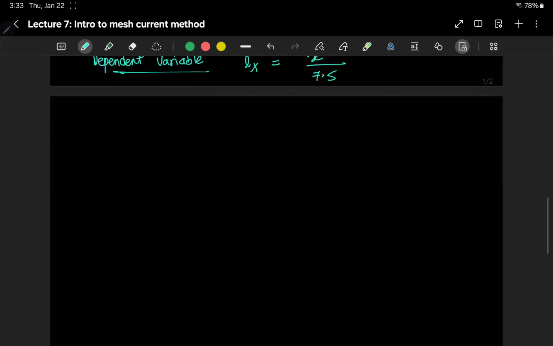And if we write that simply, that will be vx minus 7.5 ix is equal to 0, and that will be our fourth equation. Now we have 4 equations and 4 unknowns, so we can write that in matrix form and solve the equations either directly using a calculator, or manually, or using Cramer's rule.